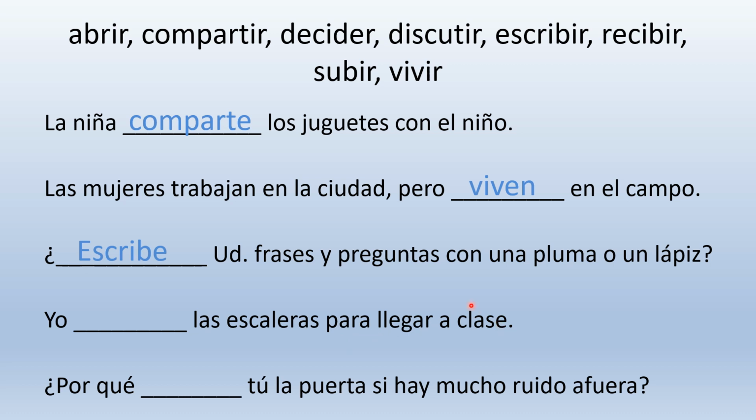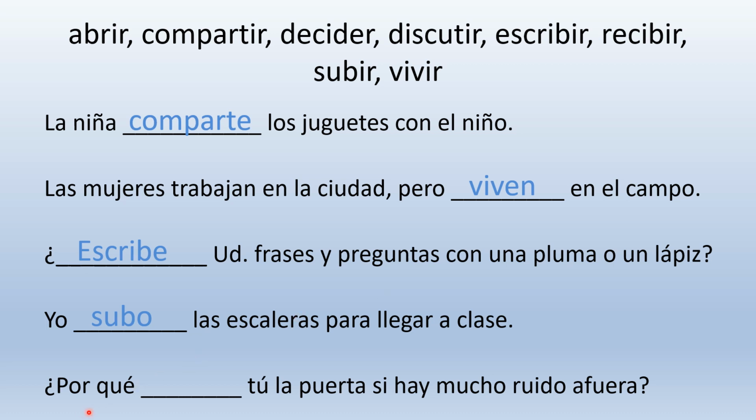Well, what would you do on the stairs? Maybe go up, subir. And if we want to say I go up, we need to take subir, take off the IR, so we have the stem, sub, and add o. So, yo subo las escaleras para llegar a clase. I go up the stairs to get to class, basically.